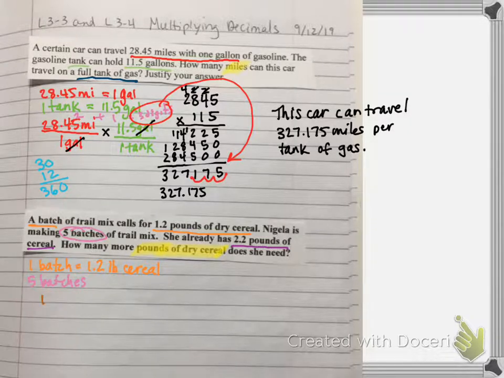So I get 1.2 pounds of cereal over 1 batch. And then I can multiply it by 5 batches, and then I can give it a denominator of 1. So this is going to be my multiplication problem.